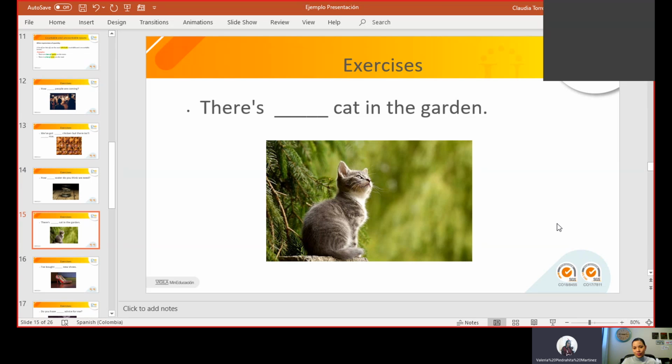There's a cat in the garden. Good, because it's countable and it's only one, right? Singular.